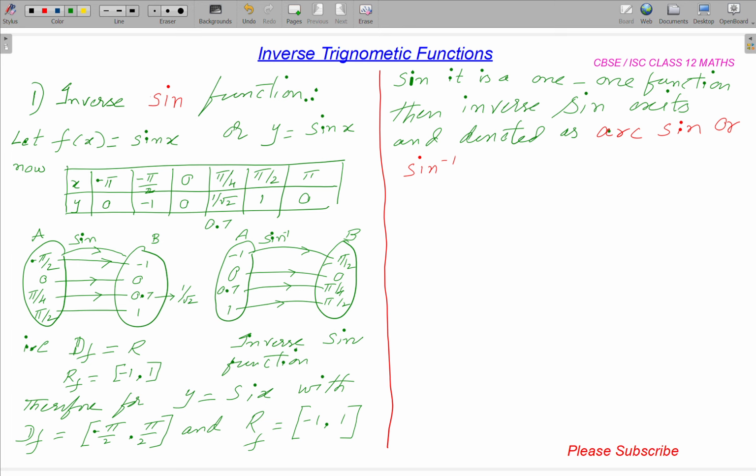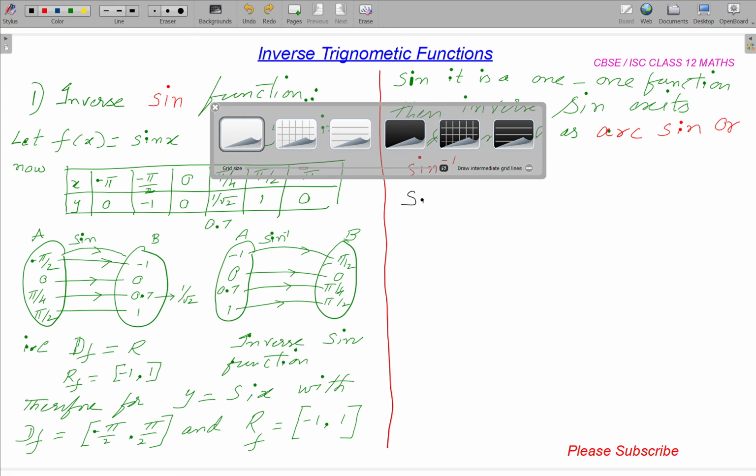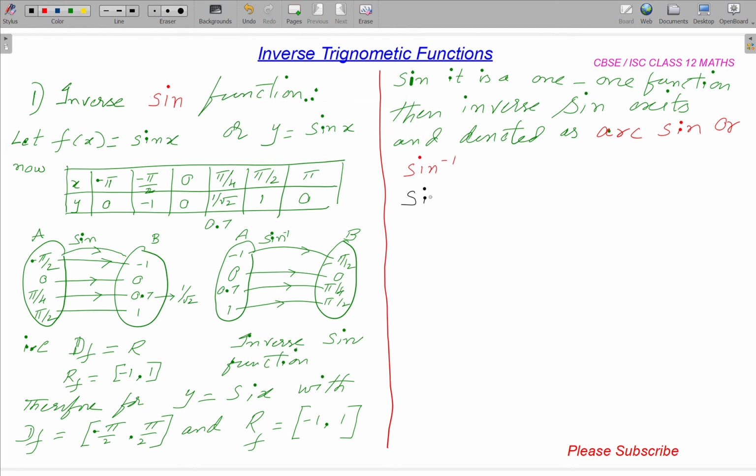Now let us see the sinusoidal function. Sinusoidal function is a sine function. Sinusoidal function for sin x.